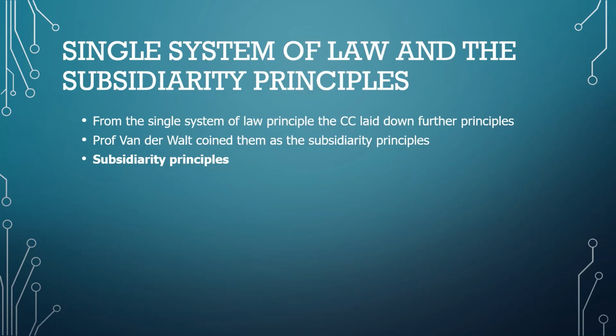What are the nature and character of these principles? The subsidiarity principles consist of two principles and two provisos, and in the next slide we are going to look at the two principles and the two provisos and detail what exactly they entail.